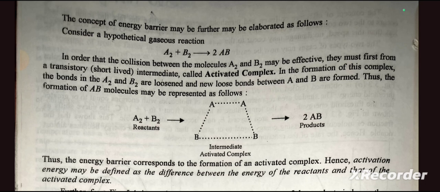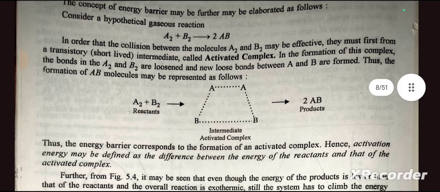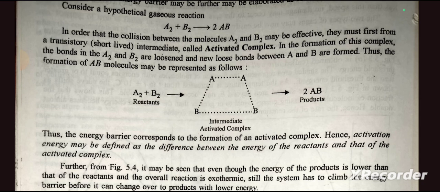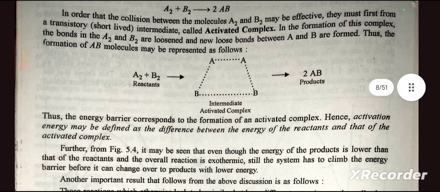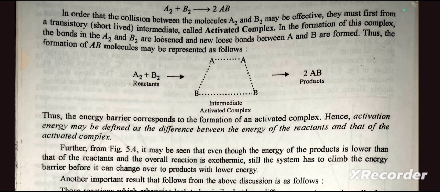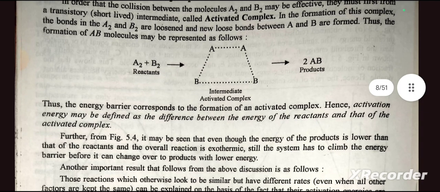Consider a hypothetical gaseous reaction, A2 plus B2 gives 2AB. In order that the collision between the molecules A2 and B2 may be effective, they must first form a transition intermediate called the activated complex. In the formation of this complex, the bonds in A2 and B2 are loosened and new loose bonds between A and B are formed.